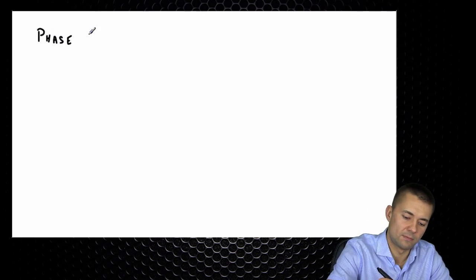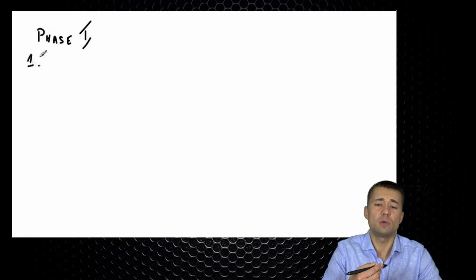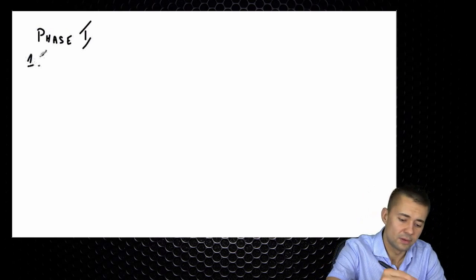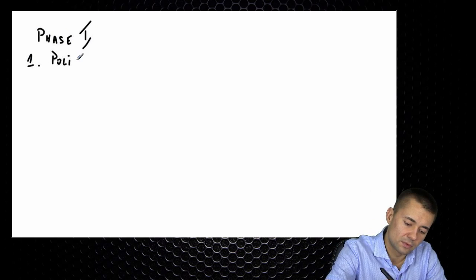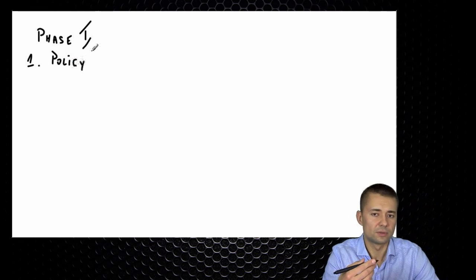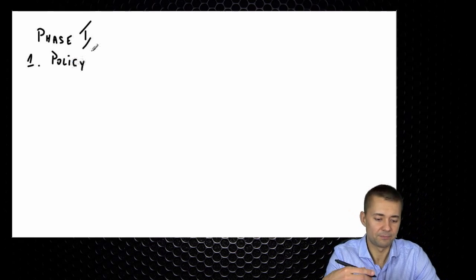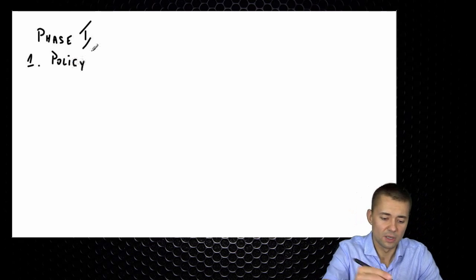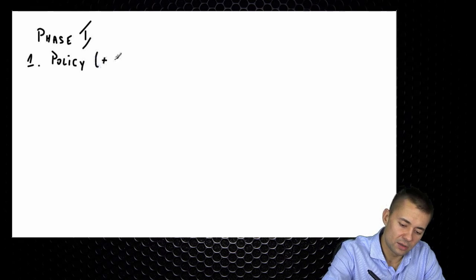So let's think, what do we need to define for phase 1? Well, I definitely want to define my policy. So the encryption and hashing functions that we will use to protect the management session. And this also includes the Diffie-Hellman group number.